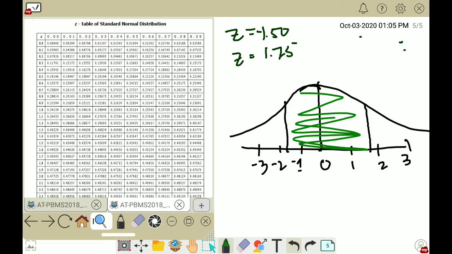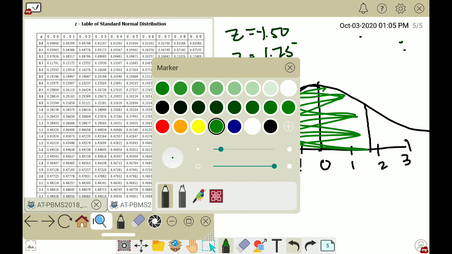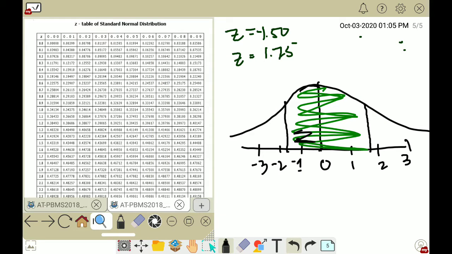Between. Okay. So as you can see, it covers the area of -1.5 to the mean, and your area of 1.75 to the mean.